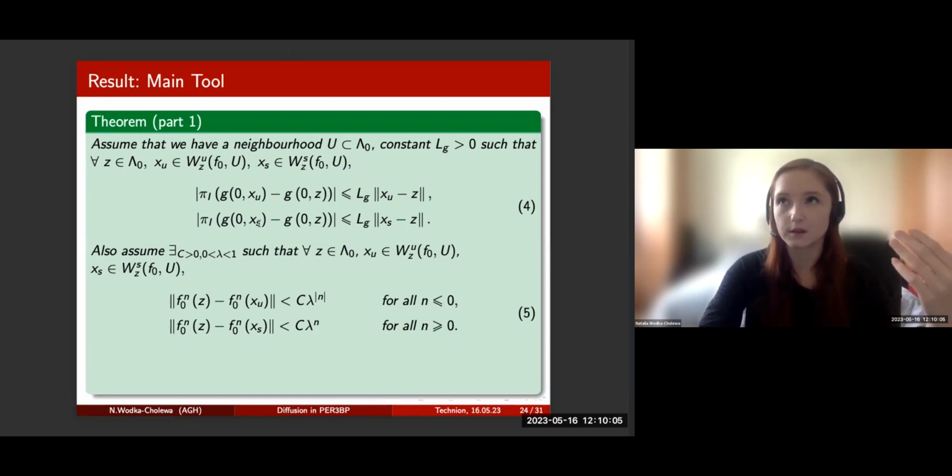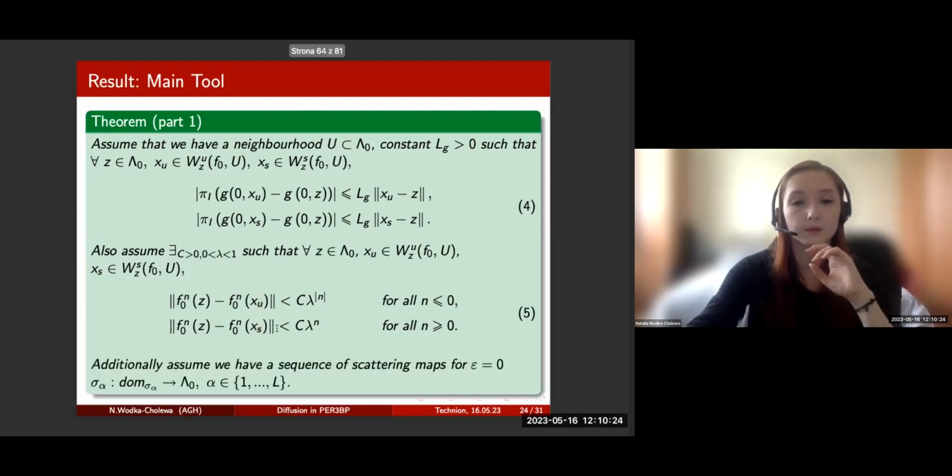This is the hyperbolicity. So yes, these look like great conditions because this is the hyperbolicity. So you have the expansion and you have contraction, right? So z is going close here for backward in time, and here we have forward in time.